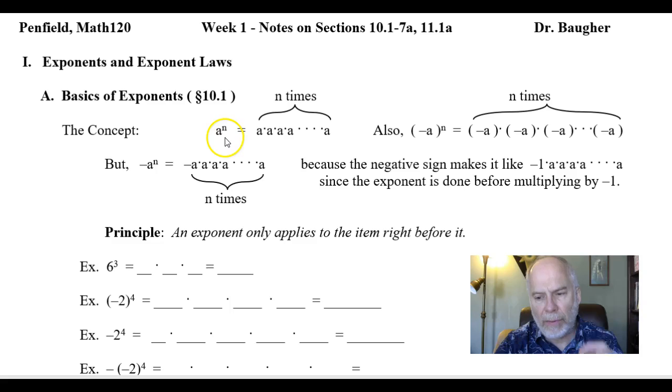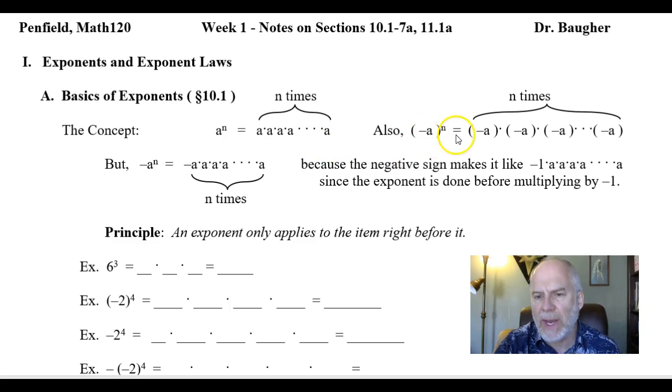If it was a to the third power, that means a times a times a. If it was a to the 10th power, you'd multiply 10 a's together. It does not mean multiplying by n. You're never multiplying by the exponent when you're evaluating a to the nth power. You just multiply by a bunch of a's, or whatever the number is.